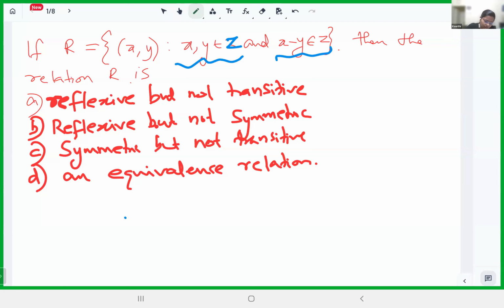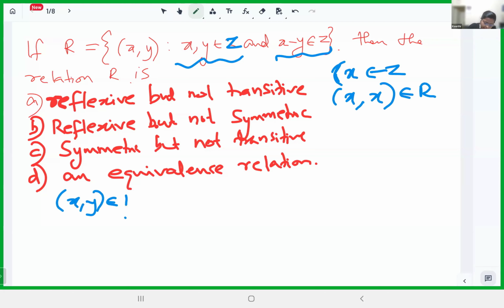In order to check whether it is reflexive, we know that if X is an element of Z, then if it is reflexive, the ordered pair (X, X) should belong to R. So can you say whether the ordered pair (X, X) belongs to R? If (X, Y) belongs to R, that implies X minus Y is an integer, right?